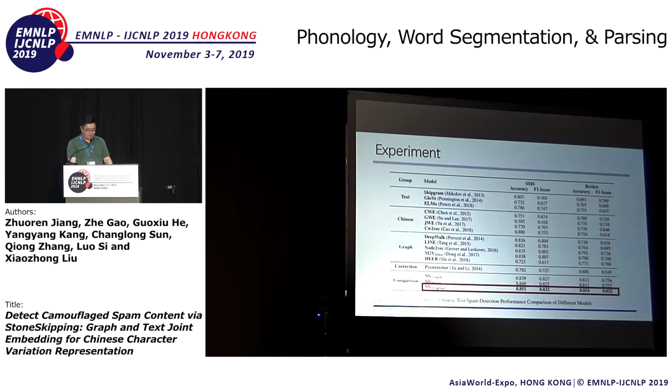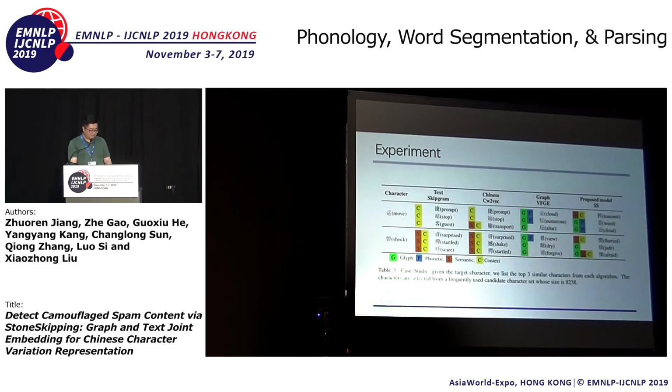The StoneSkipping model outperformed the baseline models and the comparison models on all evaluation metrics on both datasets, which indicates the proposed model can effectively address the problem. For the case study of character similarity, as shown in the table, both the general textual embedding and the Chinese embedding baselines return characters that are semantically similar or context related.